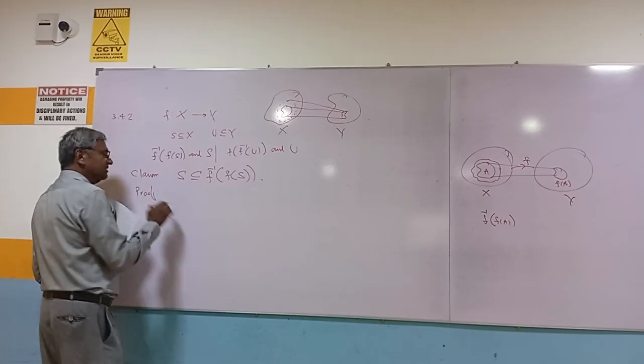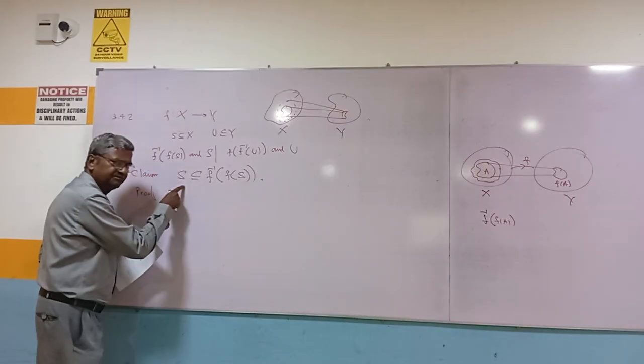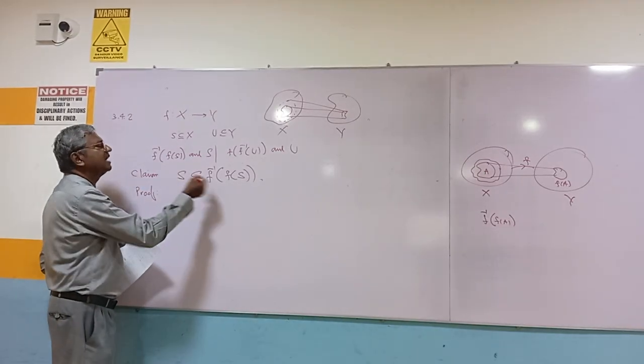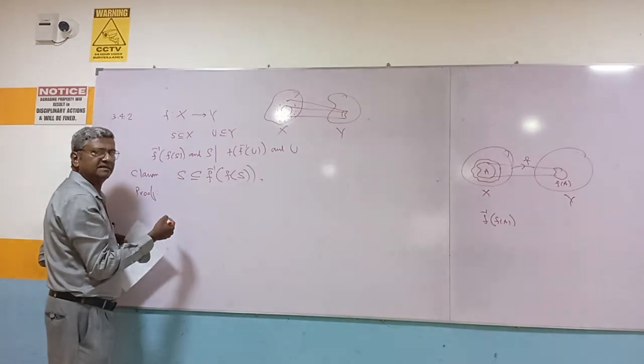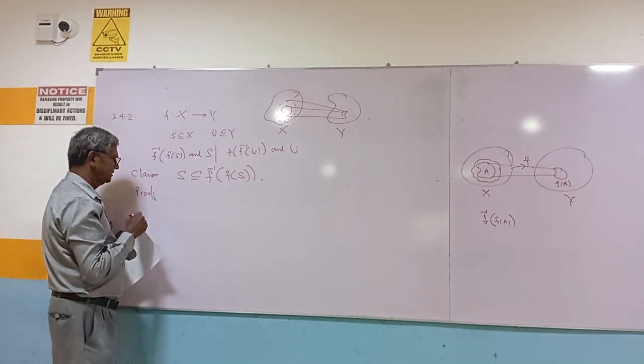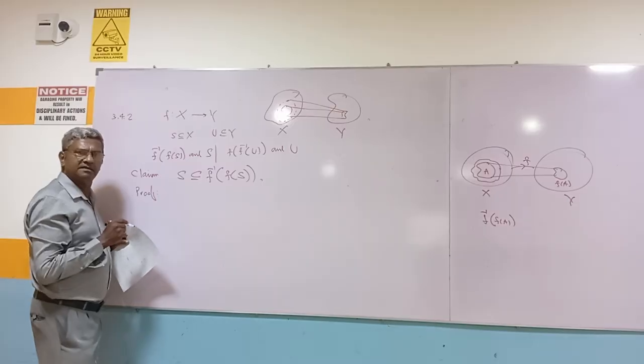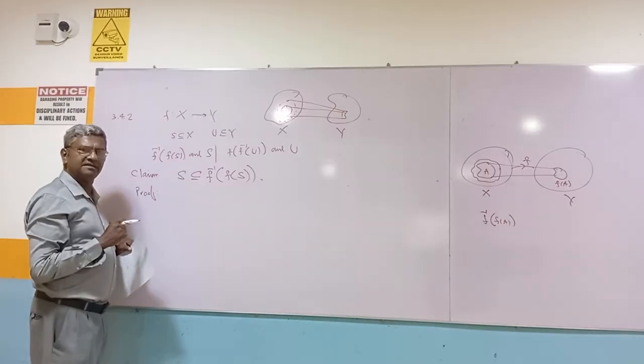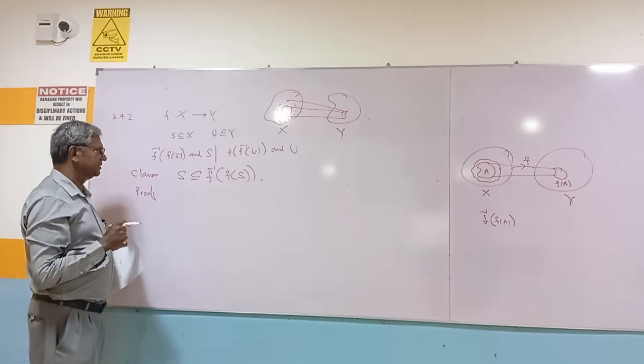What is the first statement I should write here? I want to prove this set is a subset of that set. Let S be arbitrary.